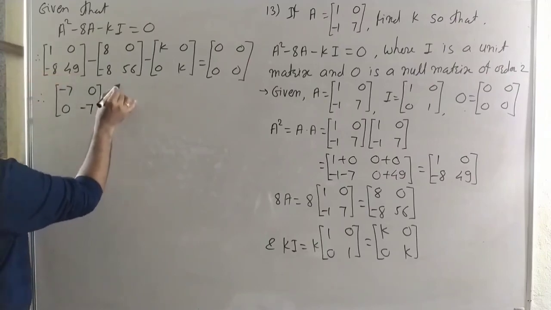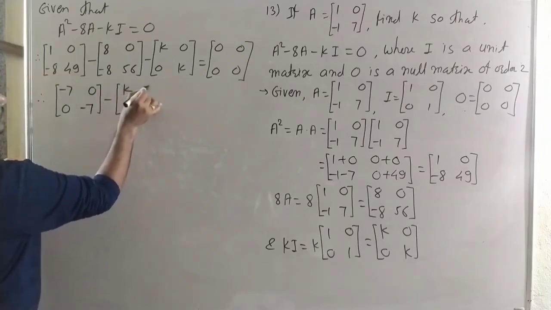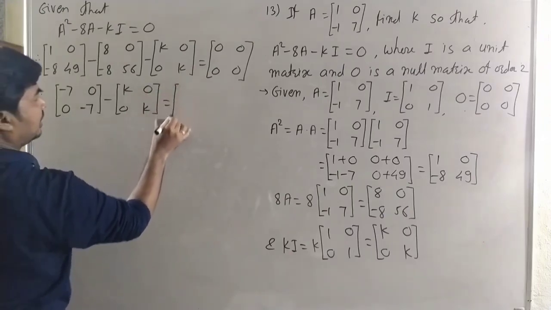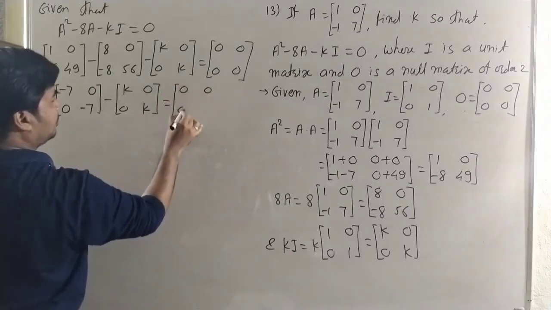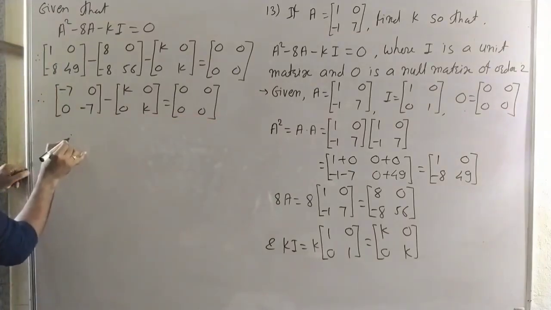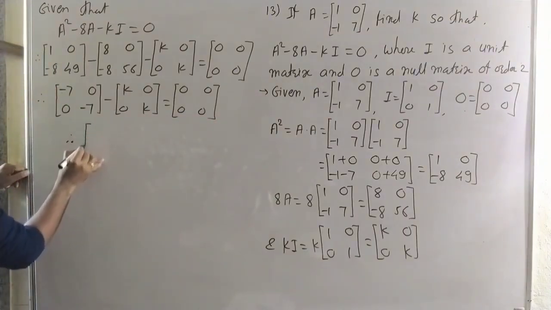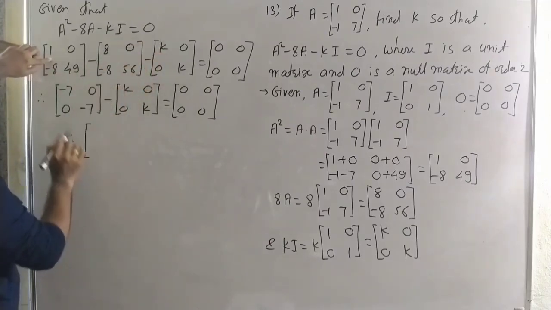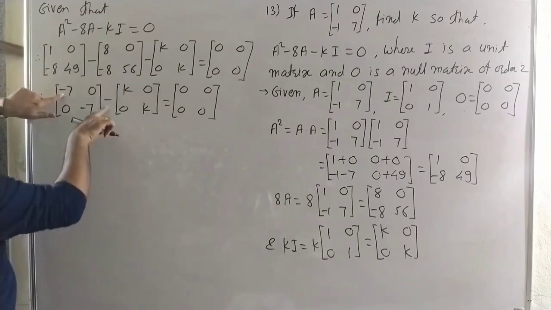Okay, and minus this matrix as it is, [0 0; 0 0]. Here we can eliminate this step and directly write this subtraction, that is 1 minus 8 is minus 7, and again minus k, it is minus 7 minus k.